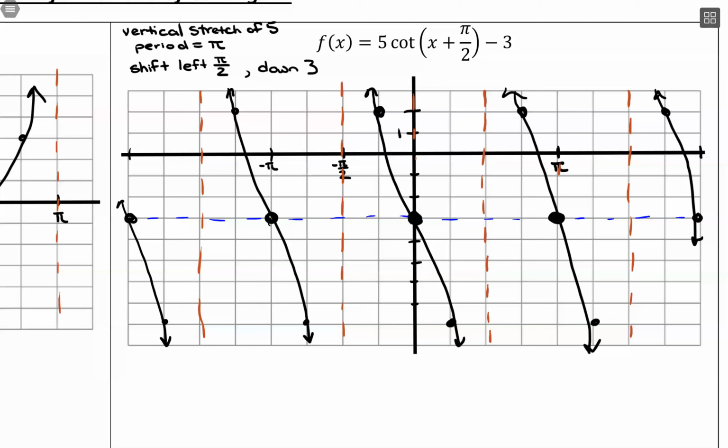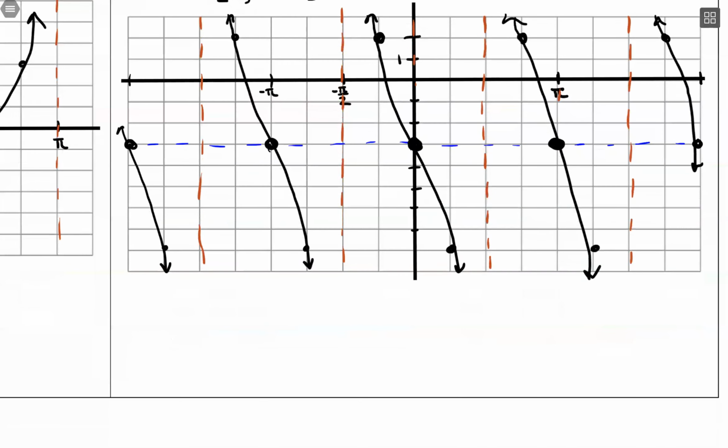Sorry, I skipped over describing the domain for these just to get some extra practice there. So the domain for this one, x is defined by x cannot equal. Now notice this is looking more like the tangent scenario, where we're shifted away from our y-axis, and actually this is going to be just like tangent, because I would be over at pi over 2, and then I have these increments of pi that are not allowed.